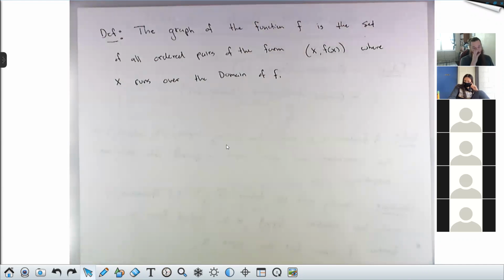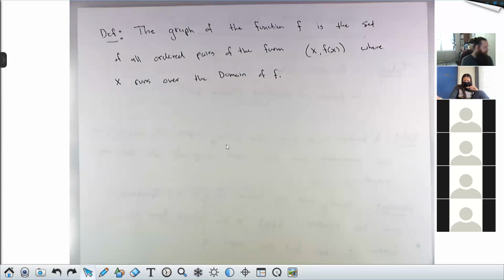And we actually haven't defined the term domain for functions, but we've defined what domains are for expressions. I'll just remind you that the domain is the set of all the inputs for the function, and the range is the set of all the outputs for the function.